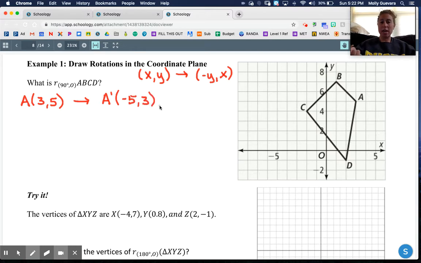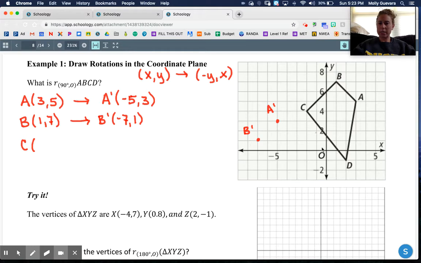I've switched the x and y, and then the first term gets multiplied by negative 1. So negative 5, 3. And this is the point A prime. Okay, for B, my original B point is at 1, 7. So if I use this rule, that tells me that B prime is going to be at negative 7, 1. And that's going to be my B prime.